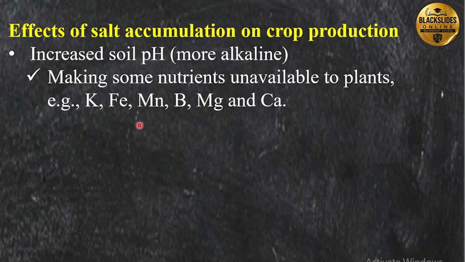Example: potassium, iron, manganese, boron, magnesium, and calcium. These are unavailable in a soil that has high pH. So one of the effects of salt accumulation on crop production is increased soil pH, making the soil more alkaline.